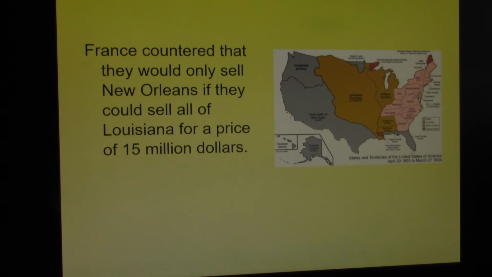But France countered. France said that selling the Louisiana land would be worthless without the river and New Orleans. So France offered all of Louisiana to the Americans for $15 million.